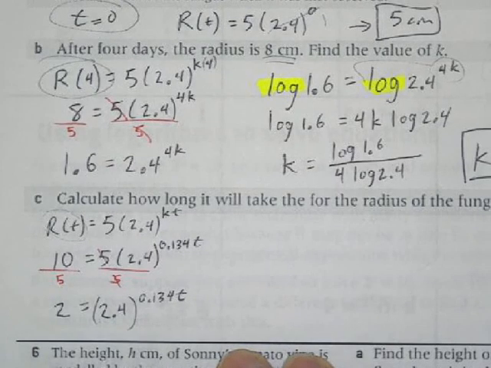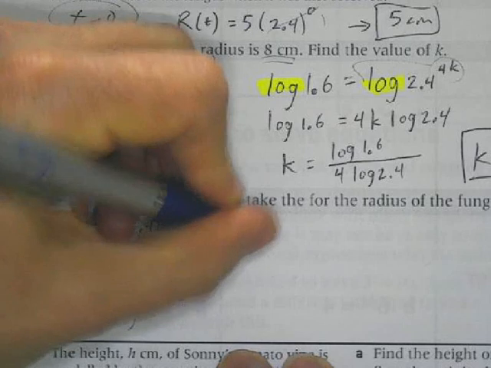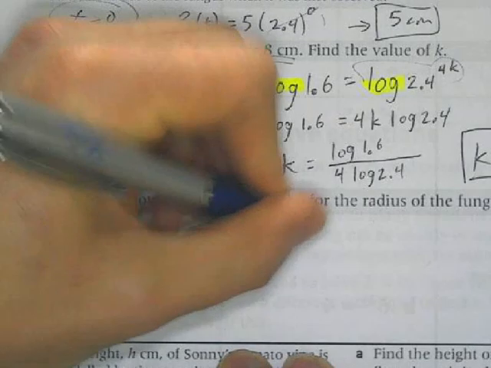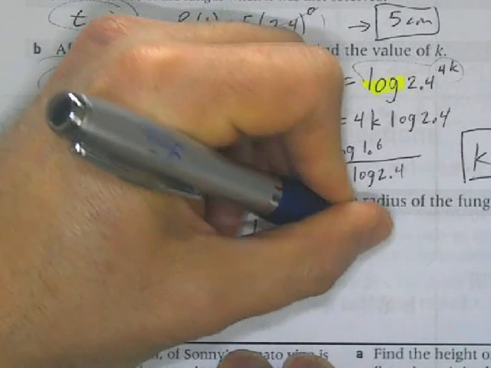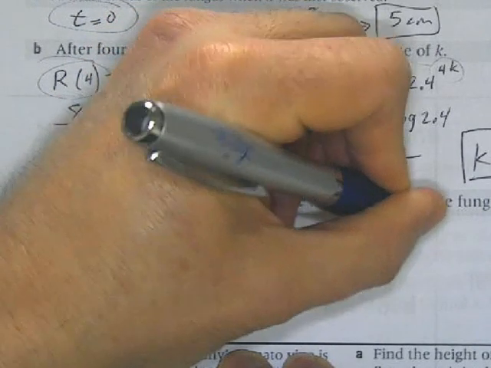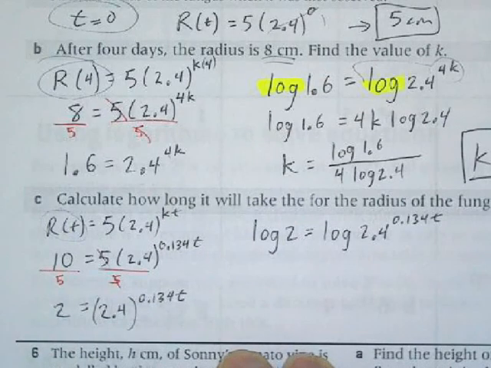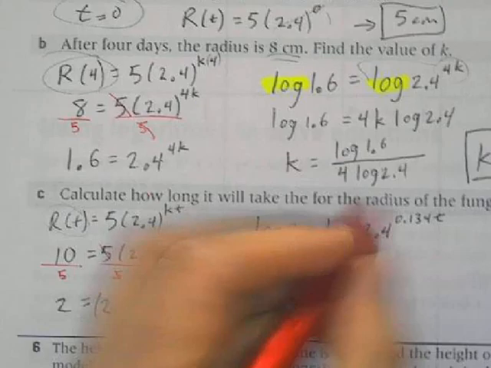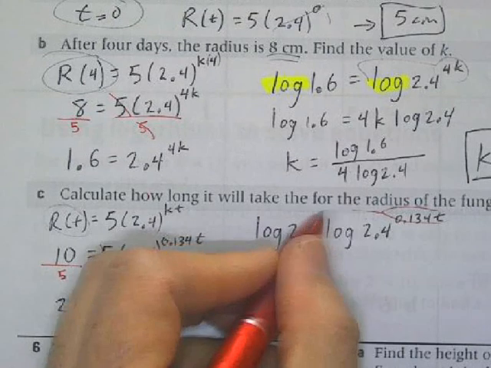And now we're going to do the same process. We're going to do log on both sides. Log 2 equals log 2.4 to the power of 0.134t. And using the power rule, we're going to have that go to the front.